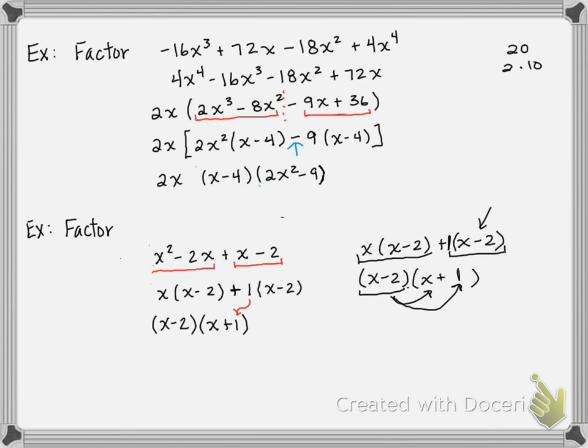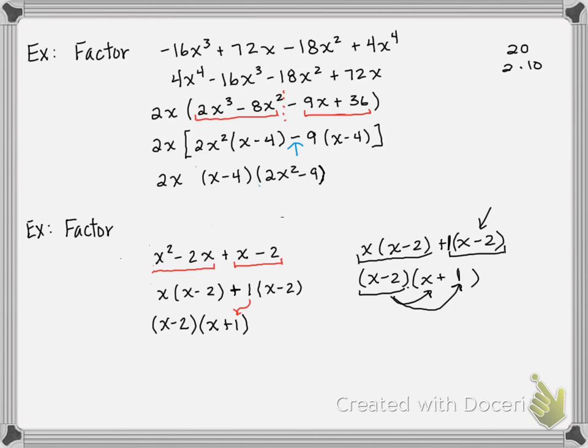Since there's no bigger common factor for x and 2, the greatest common factor that x and 2 have is the number 1. So instead of pulling out a 9 like I did up there, because that's the greatest common factor, I pulled out a 1 because that's the greatest common factor. All right.